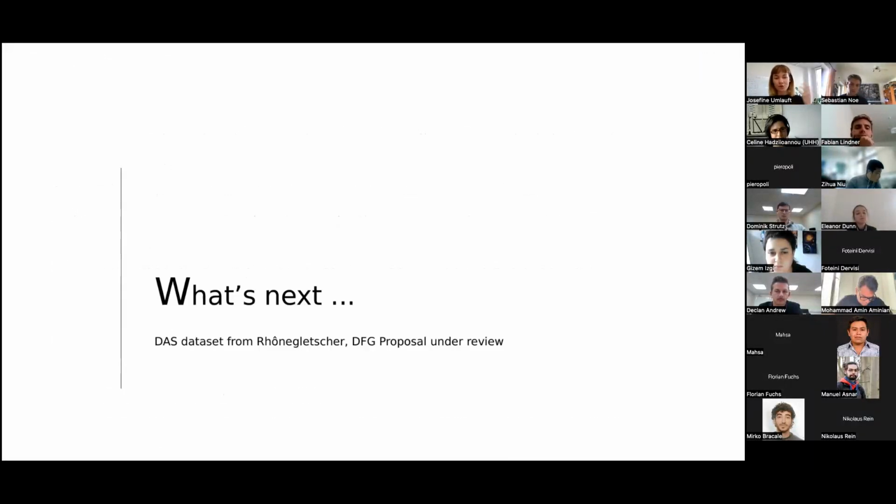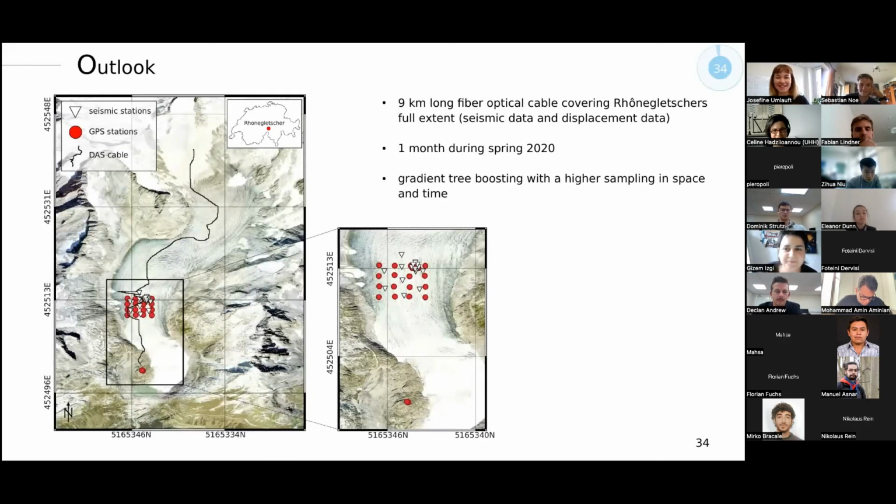So what's next? Of course, we will try to improve that. But there's also currently a DFG proposal under review that I just saw is now in the decision process. So fingers crossed. There we will hopefully look at the dust data set from Rhone Glacier.